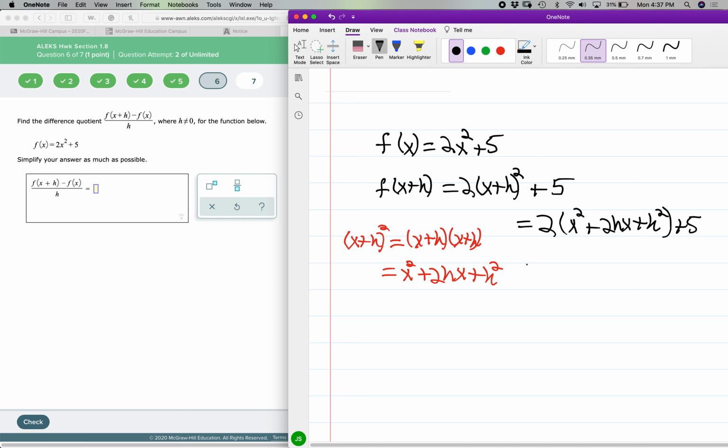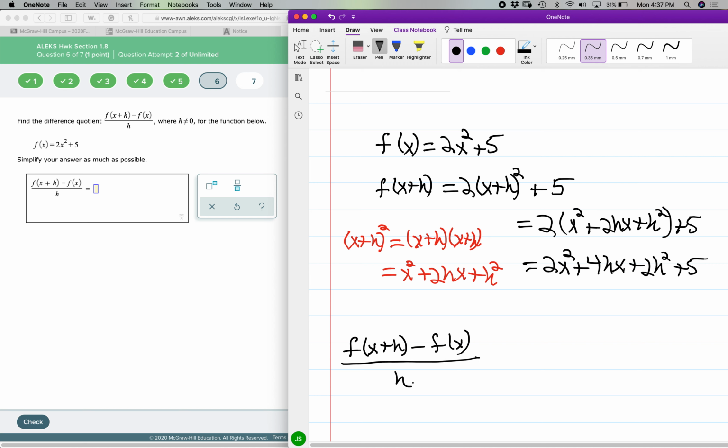Okay, so we're going to have a 4-term expression. So we have 2x squared plus 4hx plus 2h squared plus 5. Okay, and taking what we have now with f of x plus h minus f of x all over h.